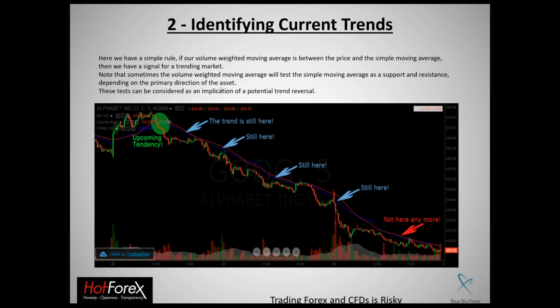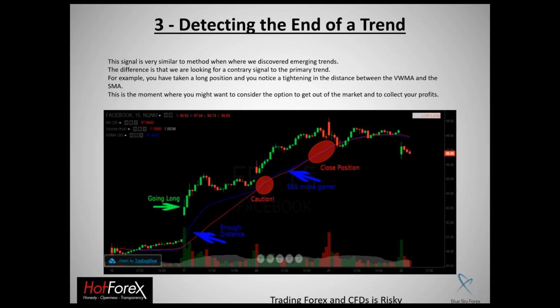The next point would be, again, a bit related to what I explained on the previous slide. You have enough distance between the simple moving average and the volume weighted moving average. You have a trend forming, right? So you see a large gap between those moving averages here.